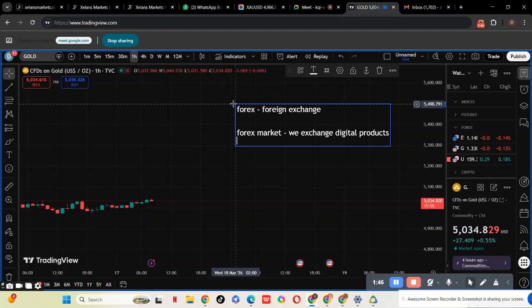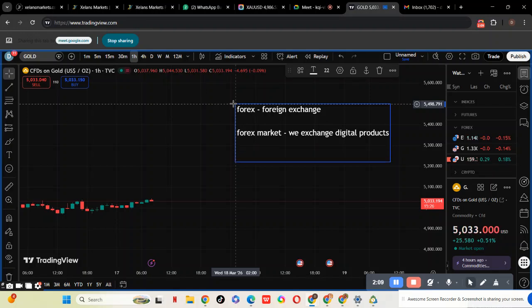Some of the items that we exchange in our market, I'll be categorizing them in terms of the features. I'll give the features that make up the forex market. Then from the features, we are going to look at the commodities that we can go to our market and exchange.